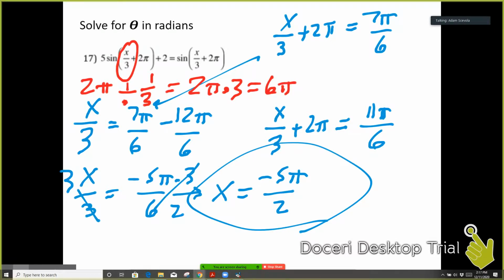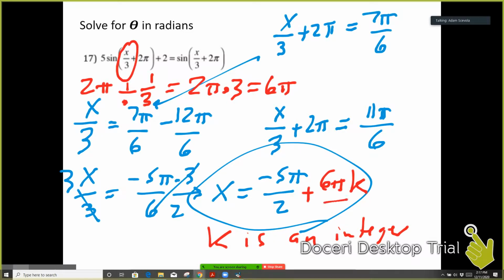So this answer is going to repeat every period of 6 pi, so every multiple of that period, 6 pi k, where k is an integer. Once we figure out our angle, there's always going to be like 1 or 2 for every period, or maybe 2 or 4 if it's something squared.